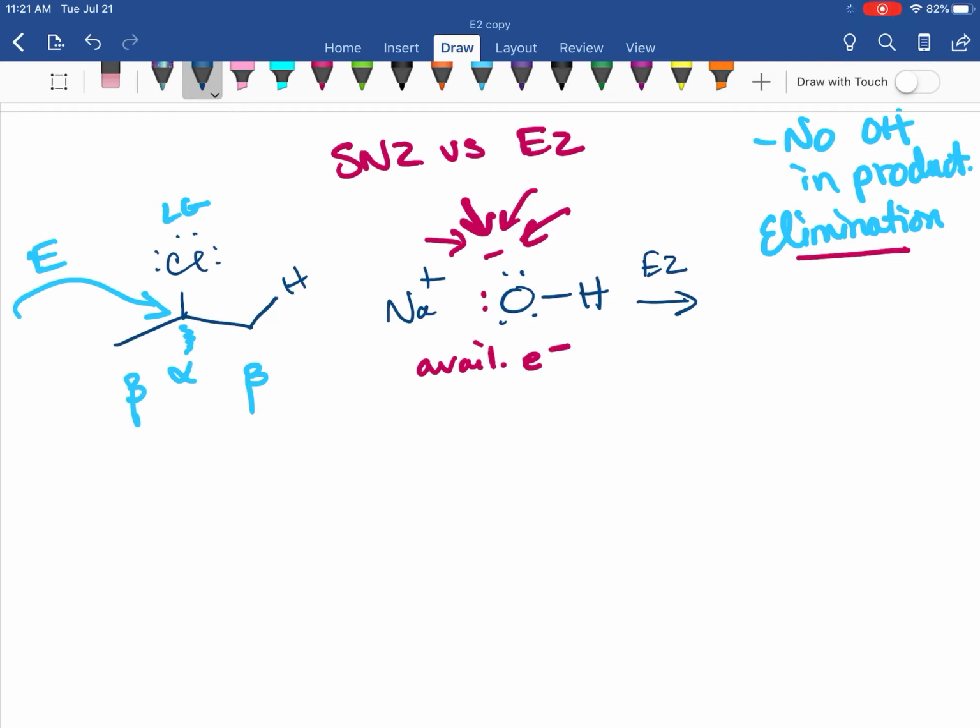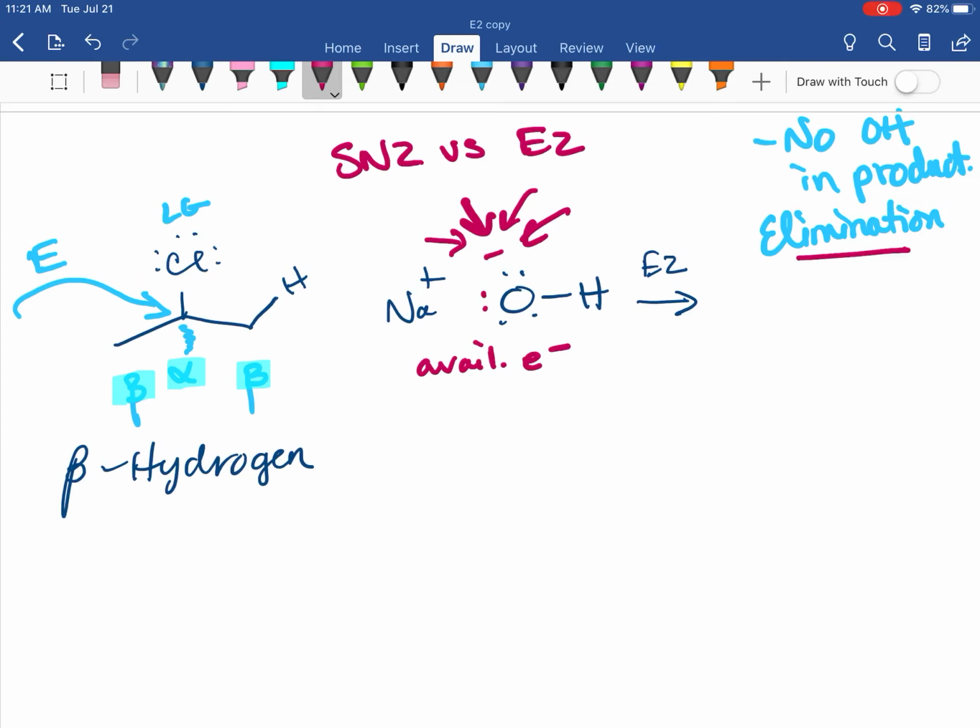We're going to look for a hydrogen that is beta. So in an E2 reaction, we have to add a little bit of vocab. Alpha is your electrophile, beta is next door. If you have a beta hydrogen, you can have an elimination as a competition.